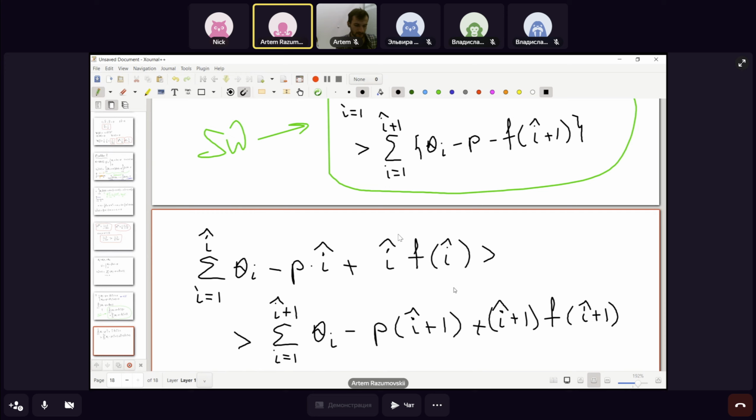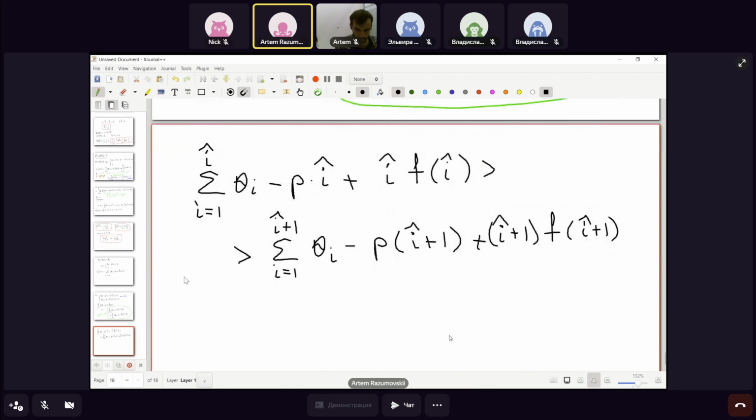So the function of I hat is a constant in terms of this sum. Ah, so we can take it out. So now let's see what we can cross out. The price goes out, and then any theta will be the same, except the theta of I hat plus 1, the last one, right? The rest will be the same.